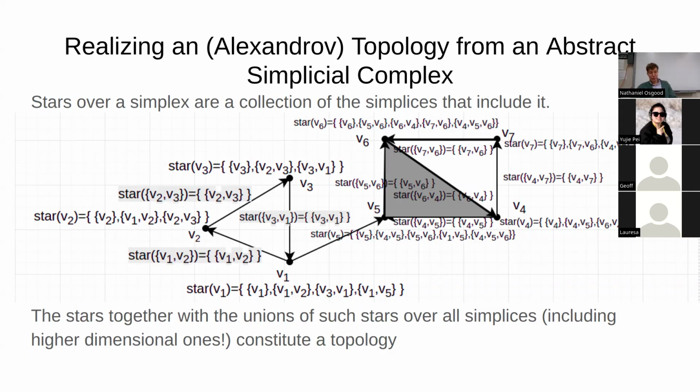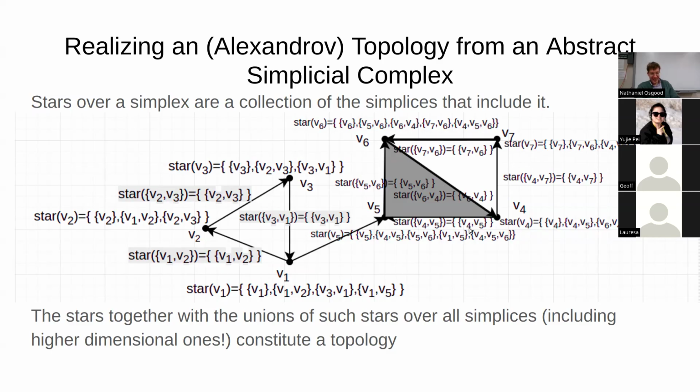Okay, so I'm looking for an edge, so V4, V5. V4, V5 should include V4, V5, but it should also include what? V6, yeah, exactly. So that should have been present.